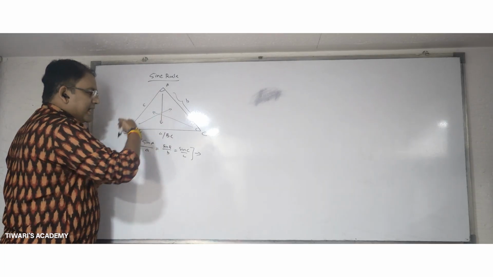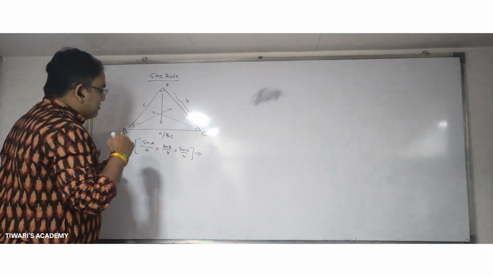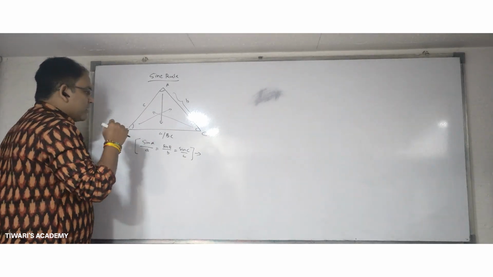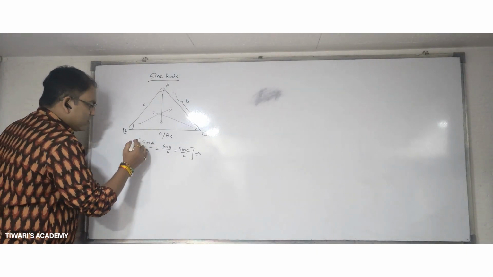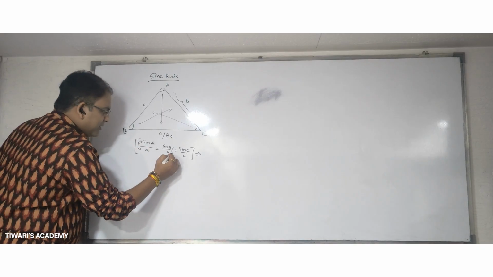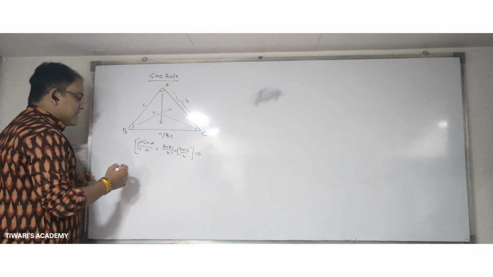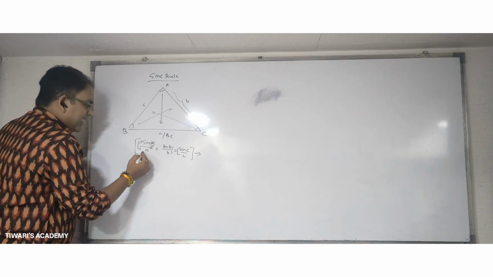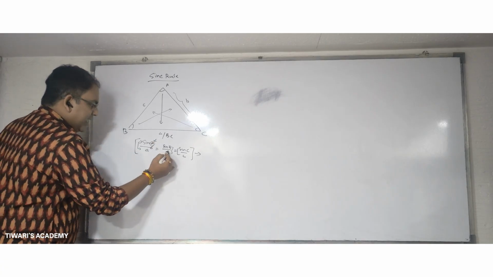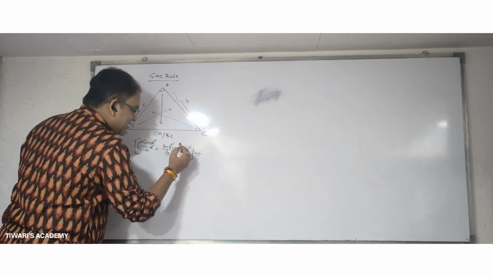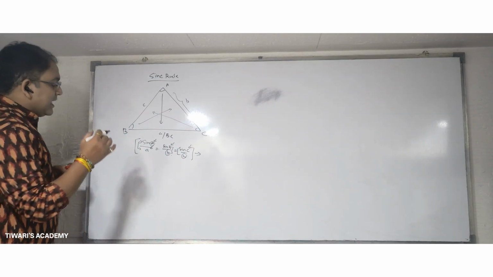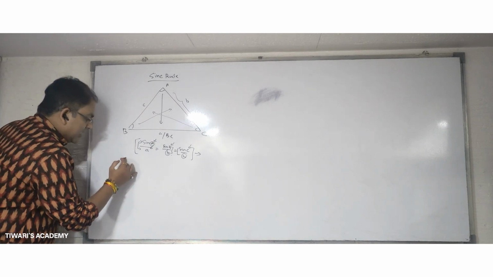My naming can change anyway, but just to be more specific, I wrote small a to make sure that it looks familiar. So, side a is opposite to angle A, side b is opposite to angle B, and side c is opposite to angle C.